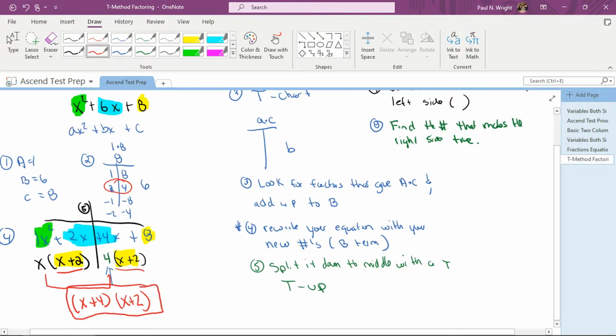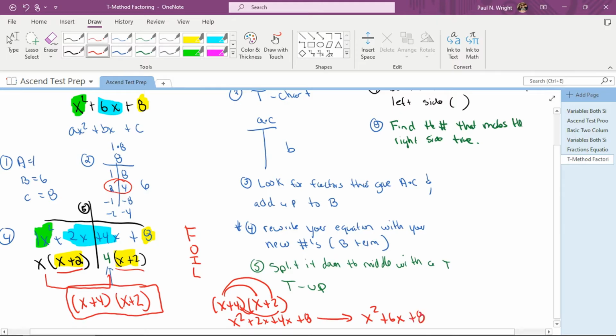I have just factored this problem. If you don't believe me, I'm going to write here x plus 4 times x plus 2. And if we use the FOIL method, x times x, x squared, plus 2x, plus 4x, plus 8. And if I collect my like terms, x squared plus 6x plus 8.